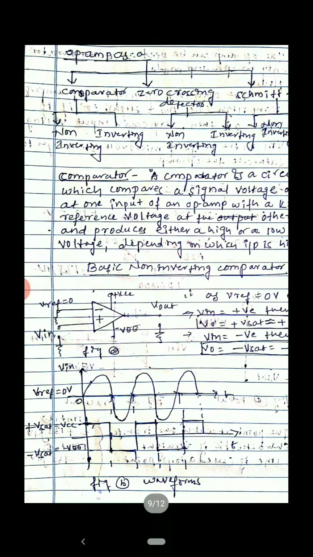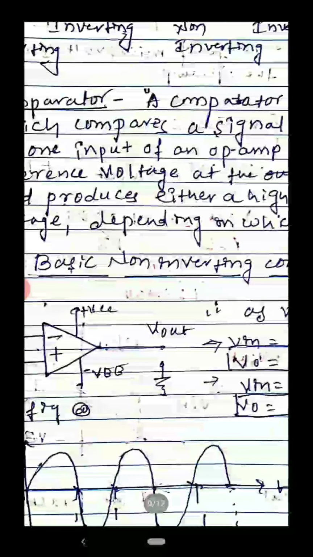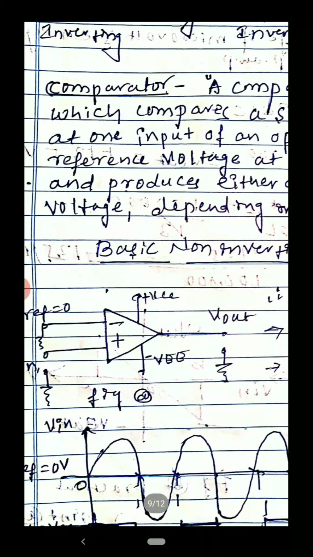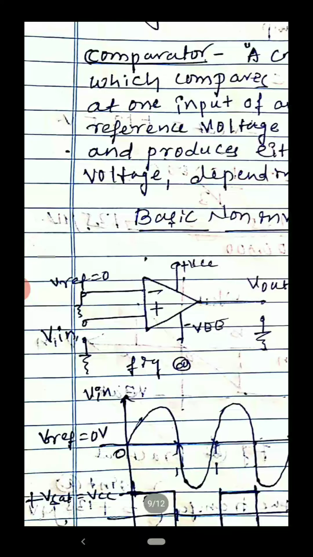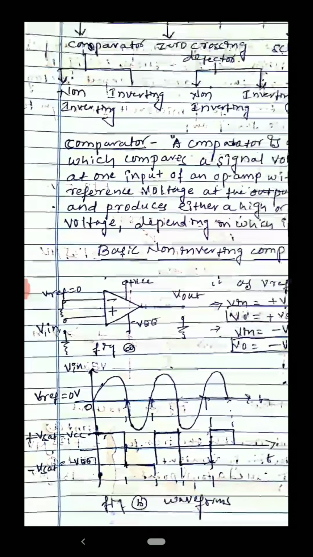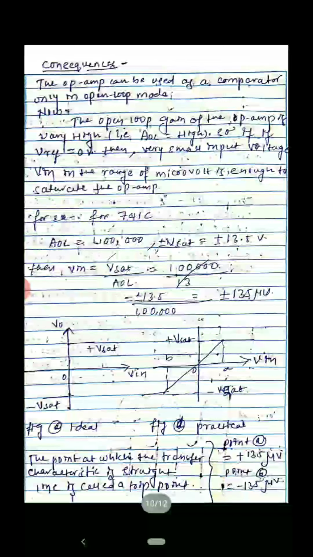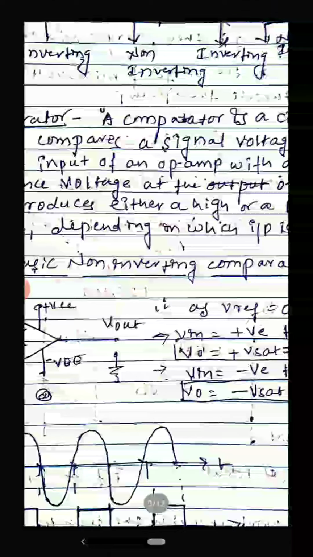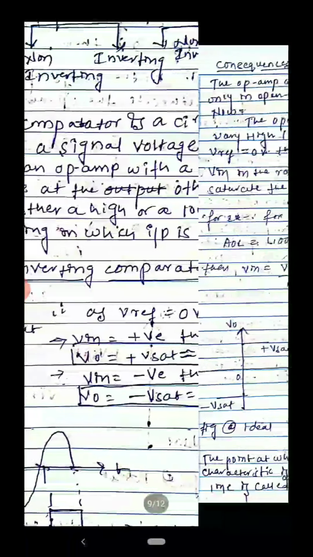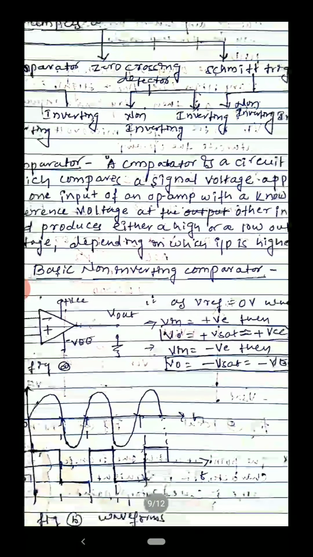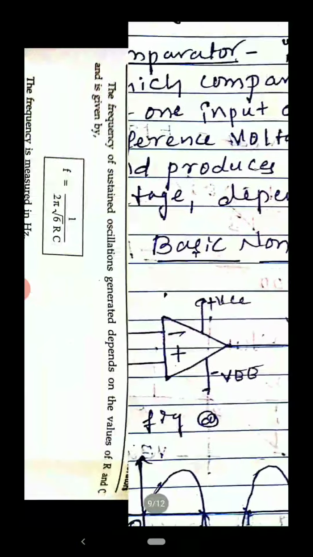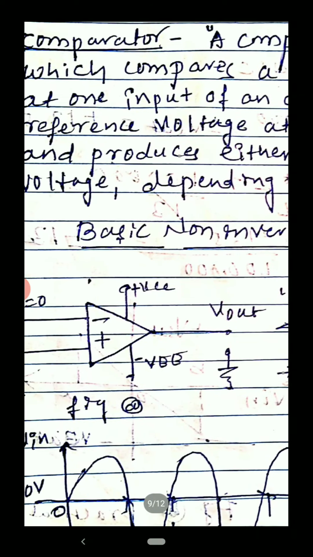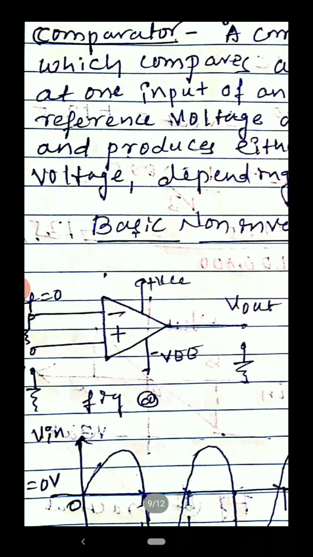You can see here the basic non-inverting comparator. This is the diagram of that basic non-inverting comparator. You can see on the left hand side there are two inputs.